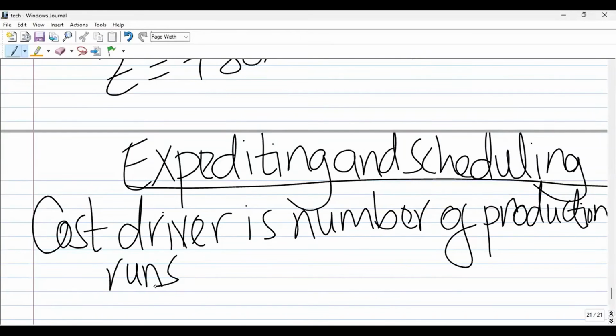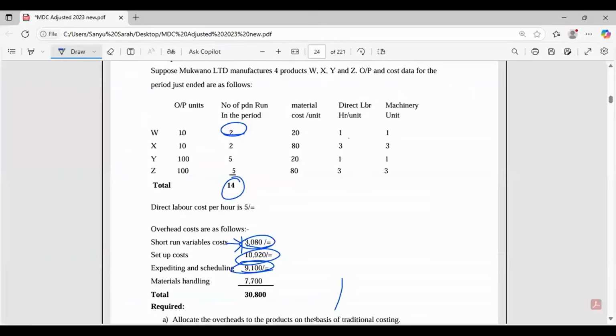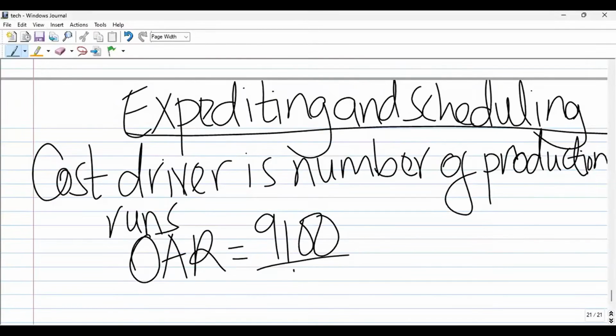So when you want to schedule the machines, you depend on the runs they make, not on the labor. Here, the OAR is equal to the cost we want to apportion. For expediting and scheduling, they have given you 9,100 divided by the total number of production runs, which are 14.